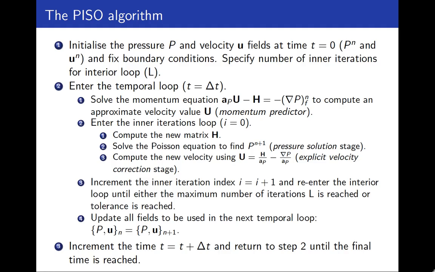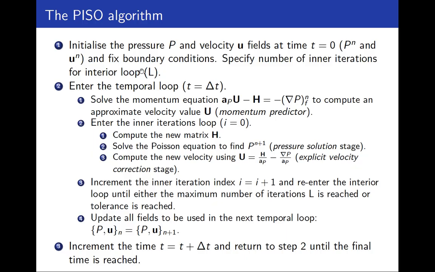So here I summarize all the PISO algorithm that I hope gives you a clearer idea of how it works. So the first step is to initialize the pressure and the velocity fields at time t equal to 0. So that means that you will have to impose your initial conditions, and you will assign these initial condition values to Pn and Un.